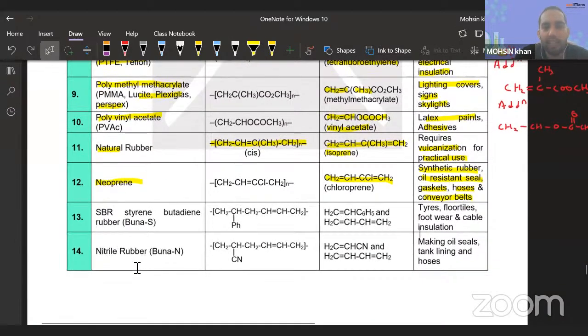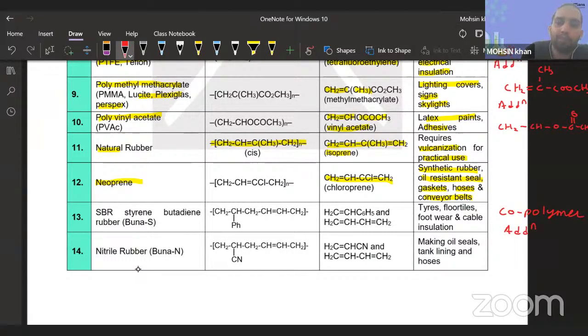Next, we have SBR, styrene butadiene rubber. SBR is also known as Buna S, also a synthetic rubber. It is a type of copolymer, and this copolymer is formed by addition polymerization. This is important.